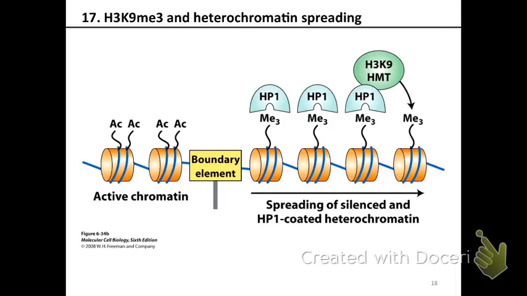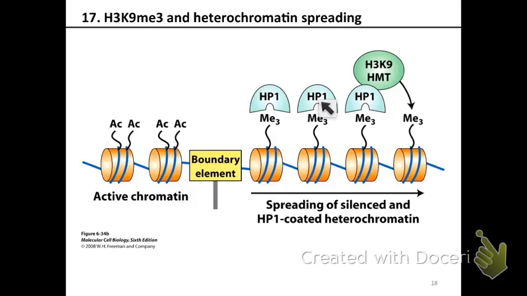Due to the mechanism by which the heterochromatin proteins interact with the modifications, the heterochromatin can actually spread from the initiating site to the other sites linearly. Okay? And how does that happen? So here's the mechanism by which the HP1 mediated heterochromatin can spread. So first, we actually have sites that are going to recruit the methyltransferase complex.